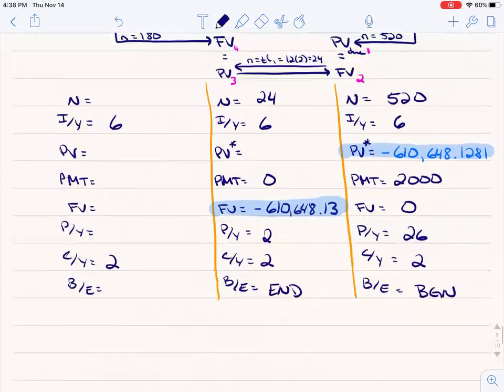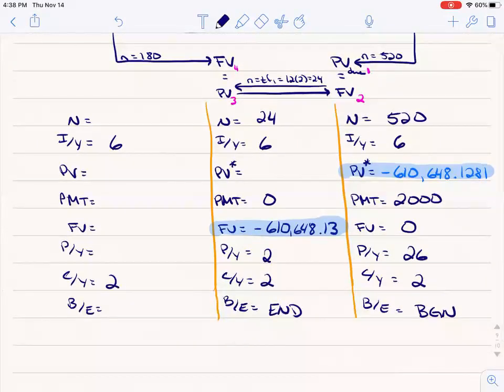And now I can do my calculations. So N is 24. 6 for the interest per year, 0 for the payment amount, 610,648.13 negative for our future value. 2, enter payments per year.